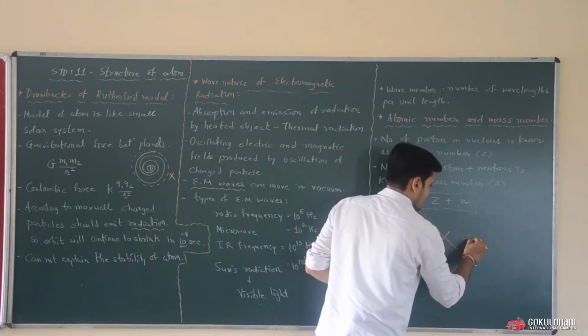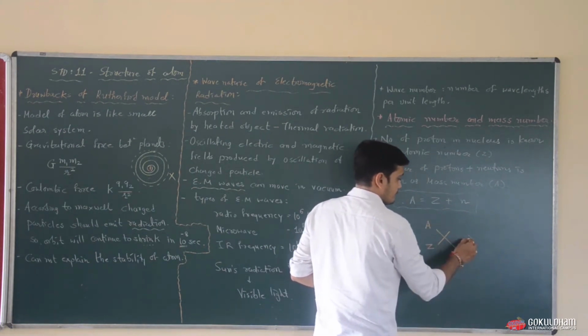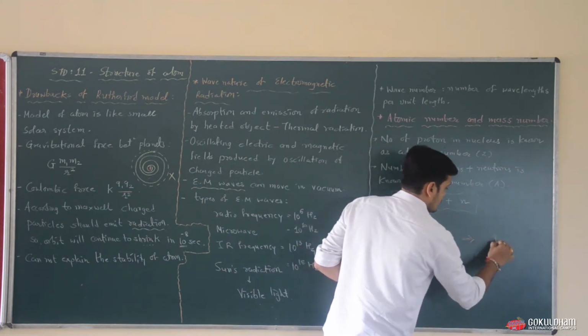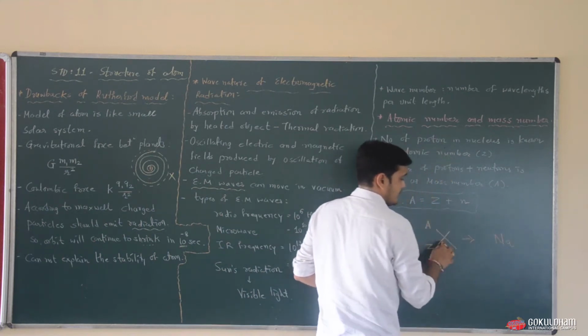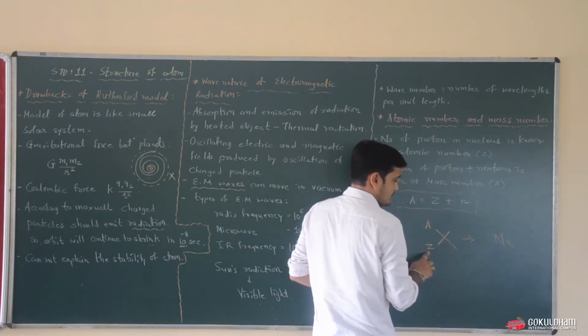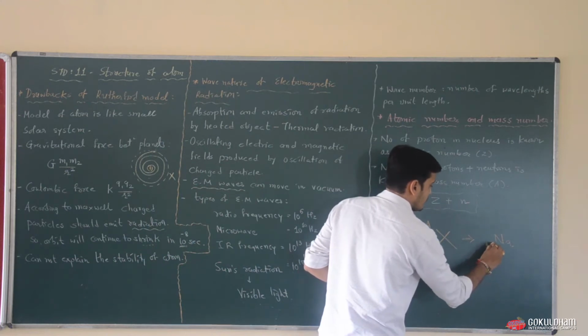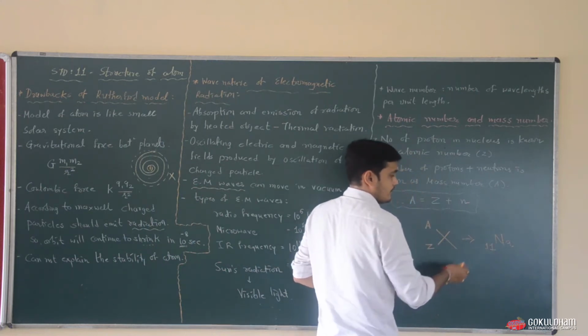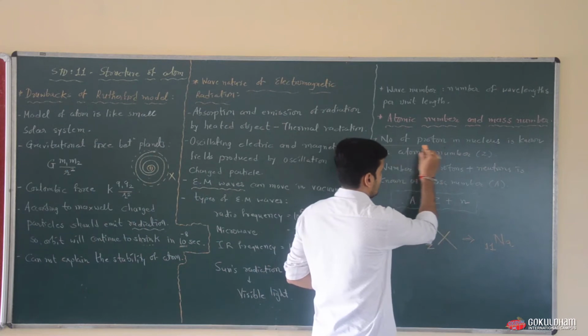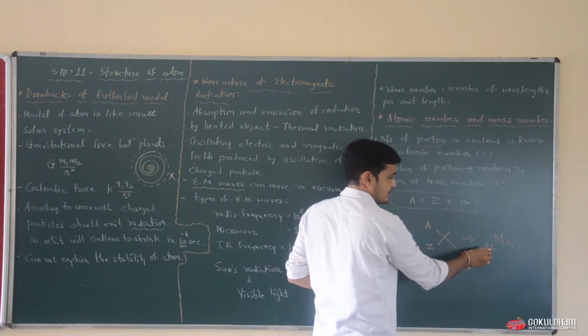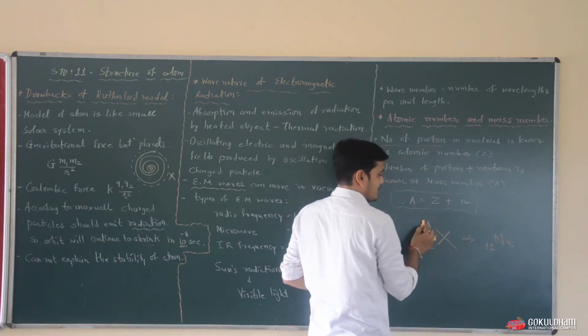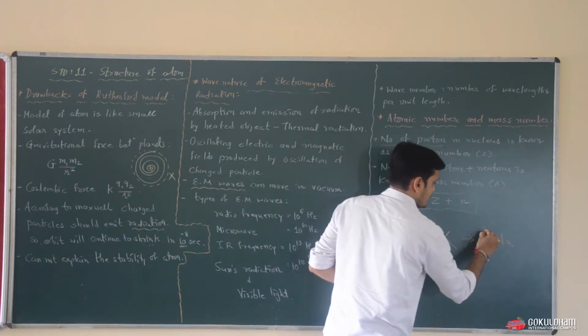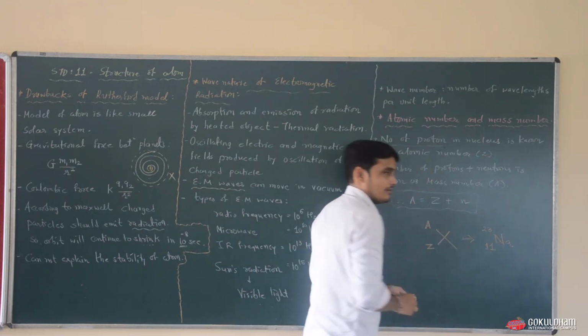We can take one example. Suppose there is sodium in place of X. Z means the atomic number of sodium is 11, because 11 protons are present in sodium, and the mass number is considered as 23.